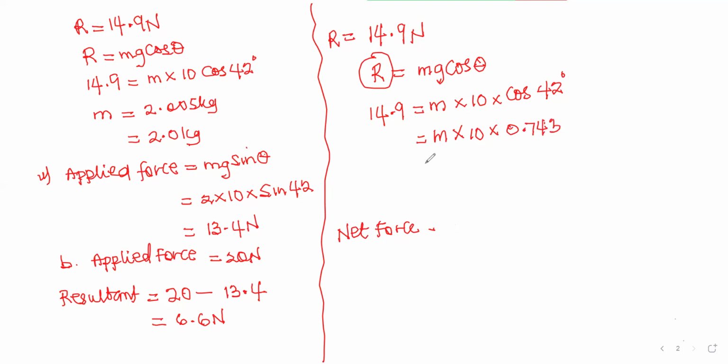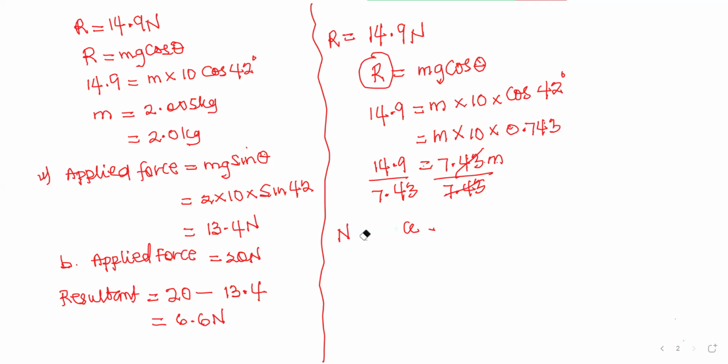0.743. Okay, yes. So 10 times 0.743, you have 7.43 m. So divide through by 7.43. Divide 14.9 by 7.43. Are you following what I'm doing on the screen? Yes, please.